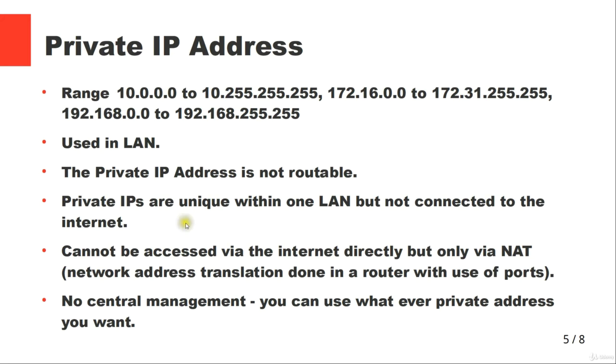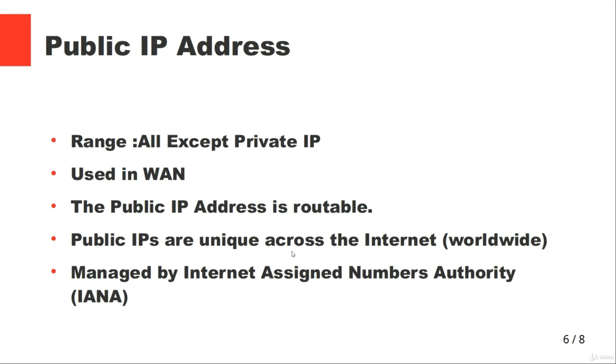There's no central management. As I said, you can use whatever address you want. So in general, you cannot access those addresses, but there is a protocol in the router which helps us do that, called Network Address Translation, but we will talk about it. Public IP addresses are used on the internet. They're unique across the world.